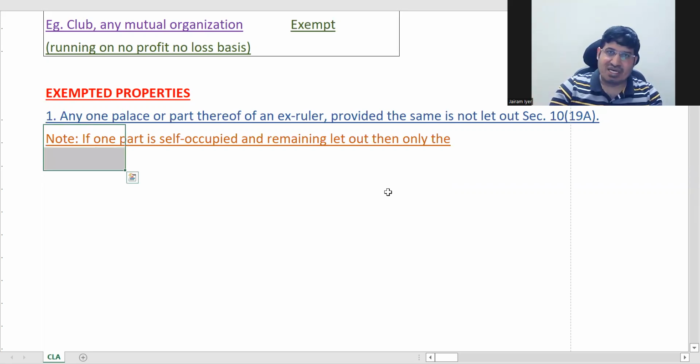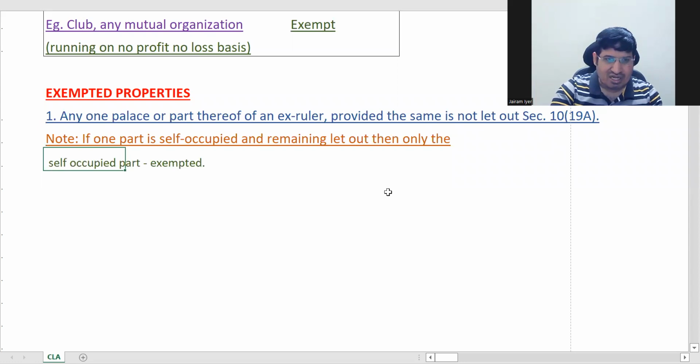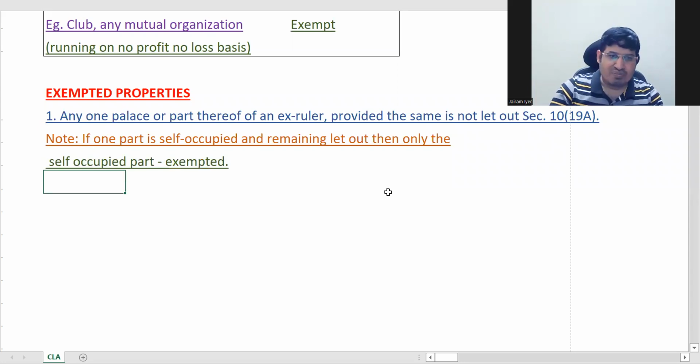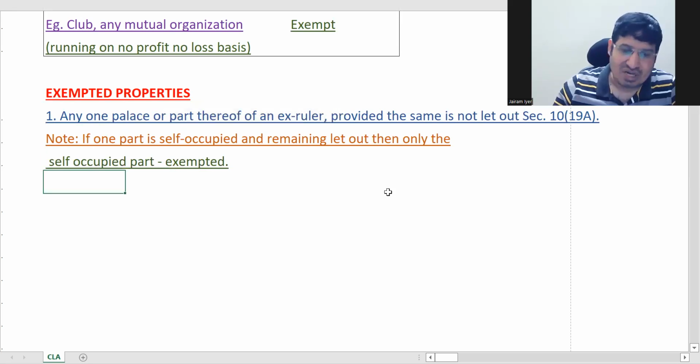Whichever part they are living in is exempt, and whatever is being let out will be treated as let out. This is for an ex-ruler. There are no more kingships now, no princely states right now, which is why you call them ex-rulers.